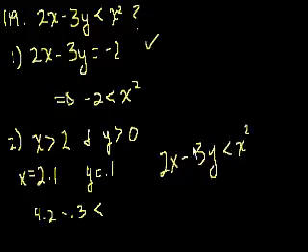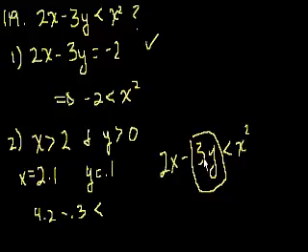So if y is greater than 0, which they tell us in statement 2, then the quantity on the left-hand side is always going to be less than 2x, right? Because 3y will have some positive value. It might have an insignificantly small value. y, we can make it 0.000001, but it's still going to have some positive value.